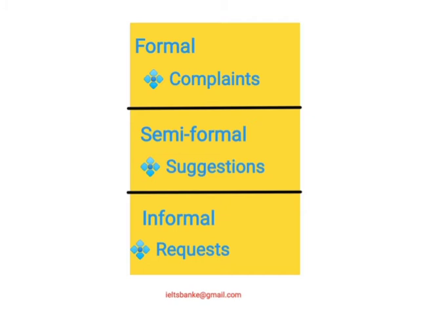For the semi-formal letter, an example is one asking you to offer suggestions. In the informal letter, such a letter will have a keyword, for example, making requests. These are the content keywords to look out for in the question prompt.